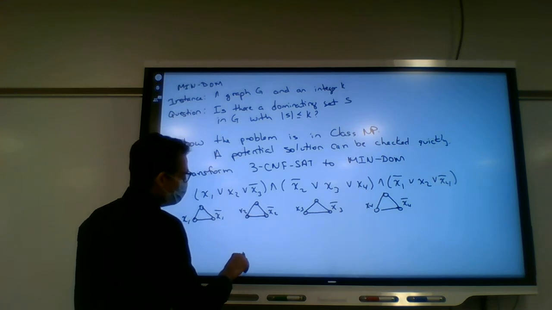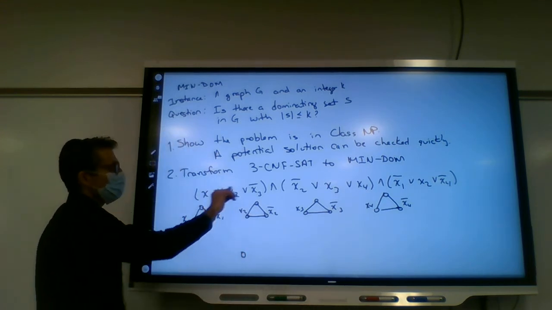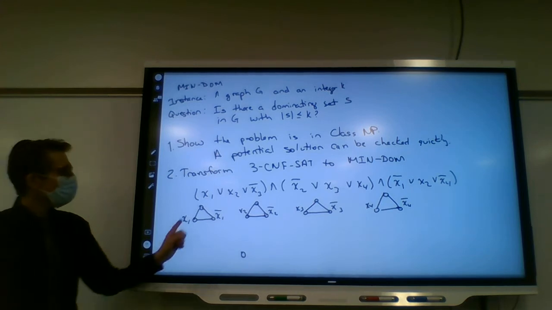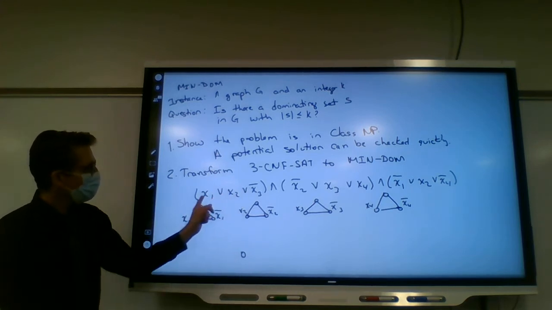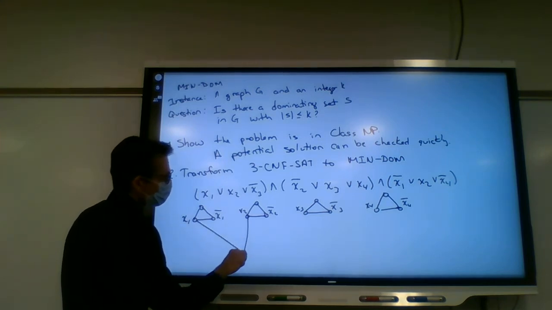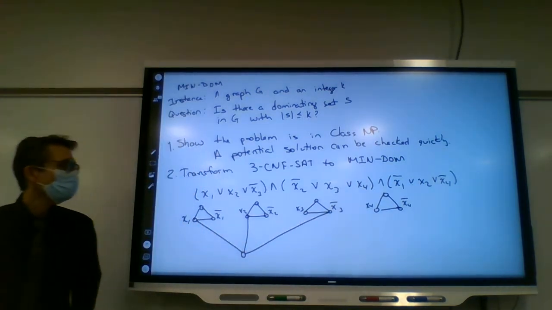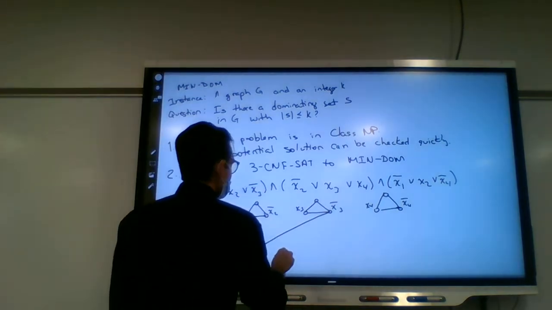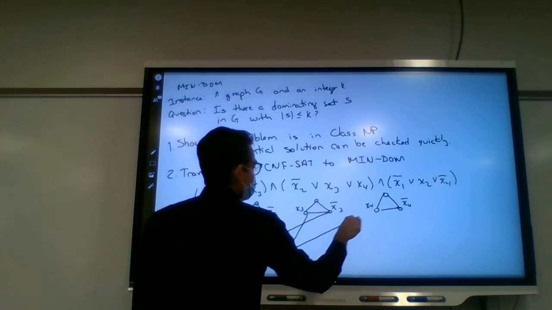Then we're going to create a vertex for every clause. So this is the first clause, and we're going to draw an edge to the variables that are in that clause. Second clause. Like that.